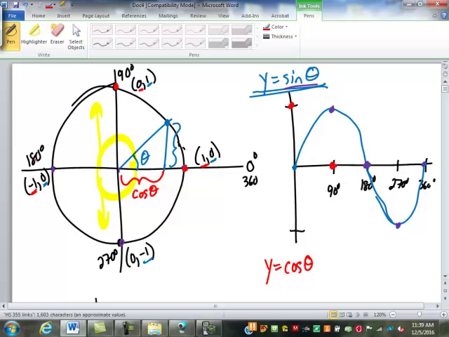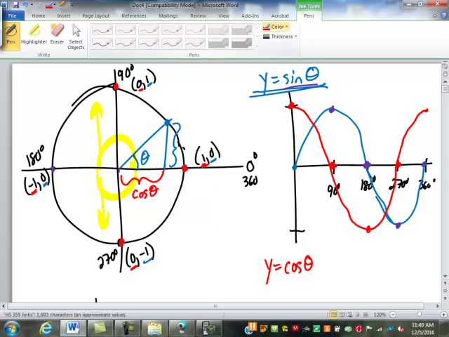At 180 degrees, it's a value of negative 1. At 270 degrees, it's at a value of 0. And at 360, it's a value of positive 1 again. So same type of curve. Looks like that. So those are the basic curves. And it's because of that unit circle that they look like that.